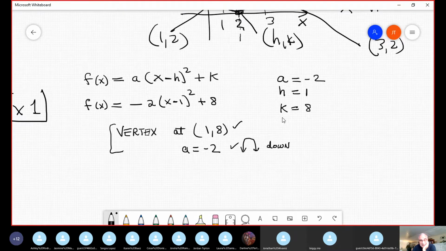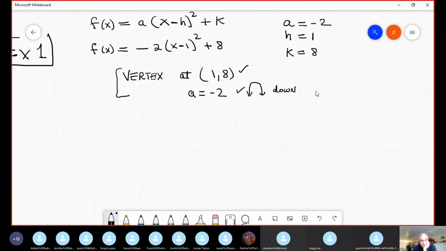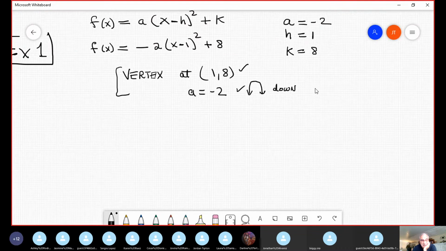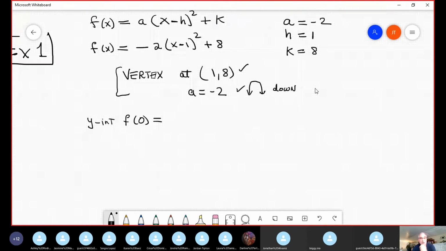However, what is the disadvantage of the vertex form? Well, when you find the Y-intercept and X-intercept, it's not too easy, like the standard form. Okay, let me try. In order to find the Y-intercept, you let x in the function be 0. The original function is minus 2 times 0 minus 1 squared plus 8.